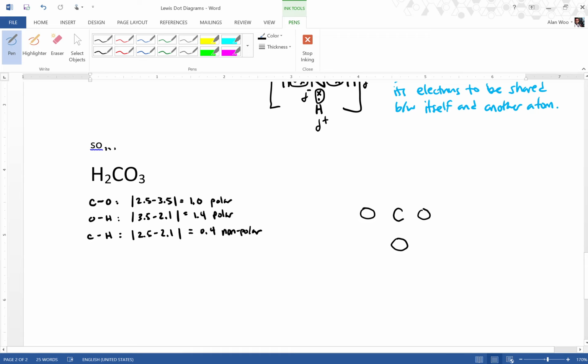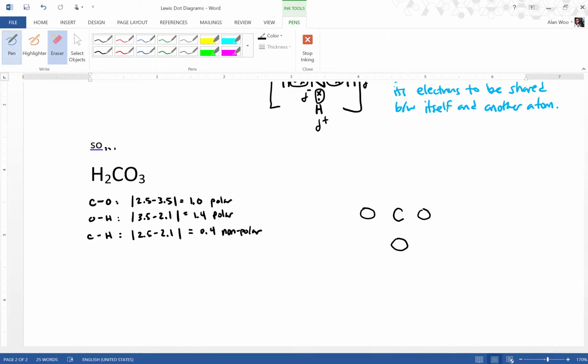And now I'm going to think, okay, how can my carbons arrange their electrons? How can I set it up to show the bonds? So again, I'm going to use X's for, actually, you know what?